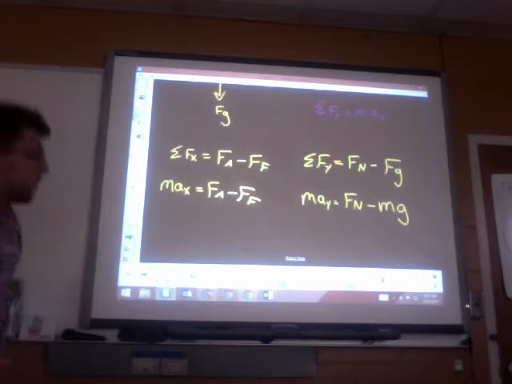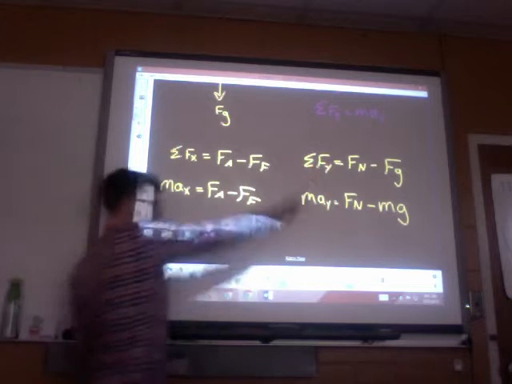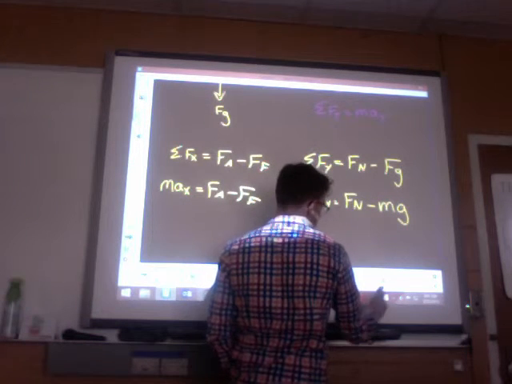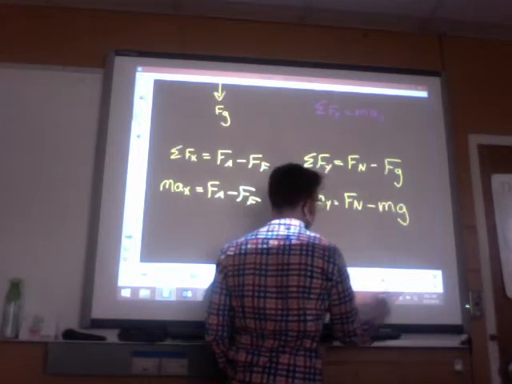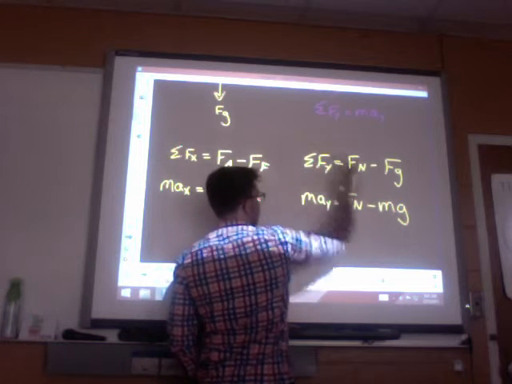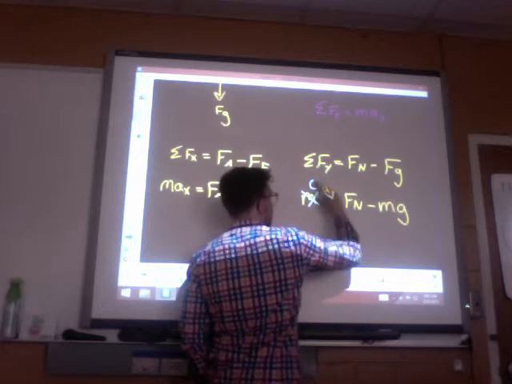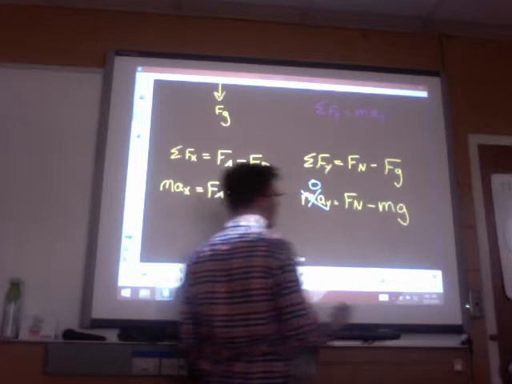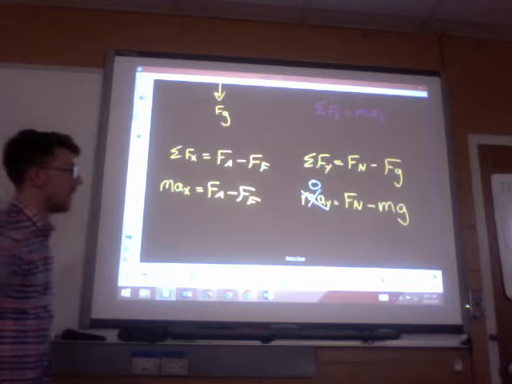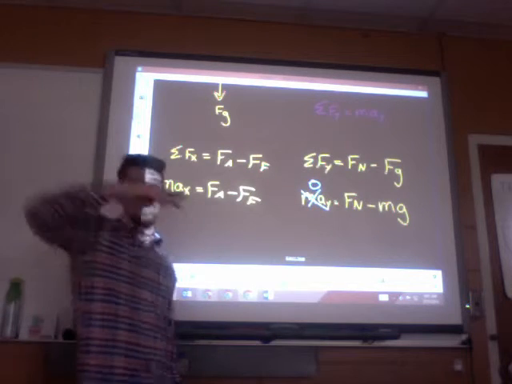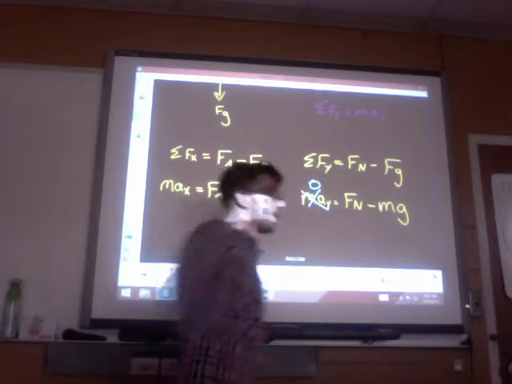So here's the deal. This equation over here is not actually useful to us. The whole left side is 0. That means the whole right side is 0. We're not going to use it for anything. The whole right side is 0 because there's no vertical acceleration. We're just going sideways.